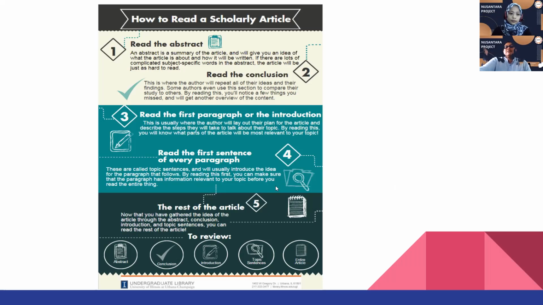Then after you finish your reading, check all of the articles. If an article is suitable for your research project, save it in your files, in your Google Docs or any application you have, and you can read more, or read it in the entirety of your research project.